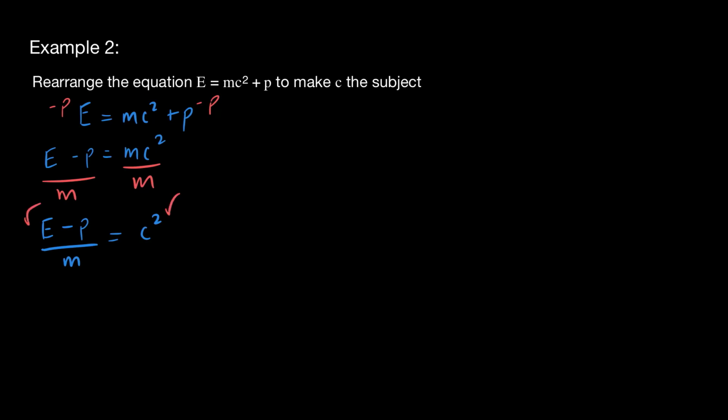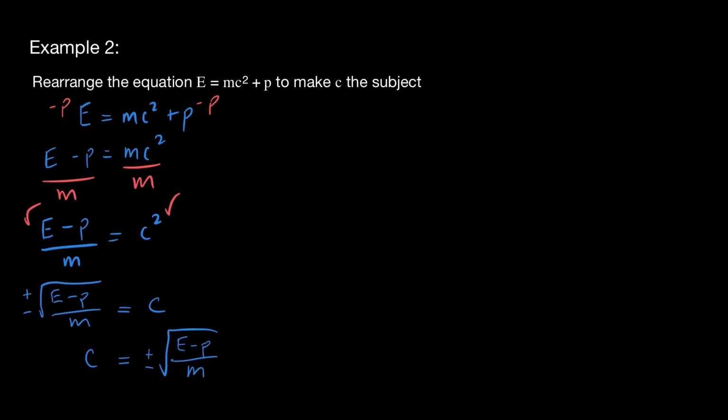So I need to take the square root of both sides. But you've got to remember, it's going to be plus or minus, and I'll explain why that's the case in a moment. So therefore, c is going to equal plus or minus the square root of e minus p all over m.